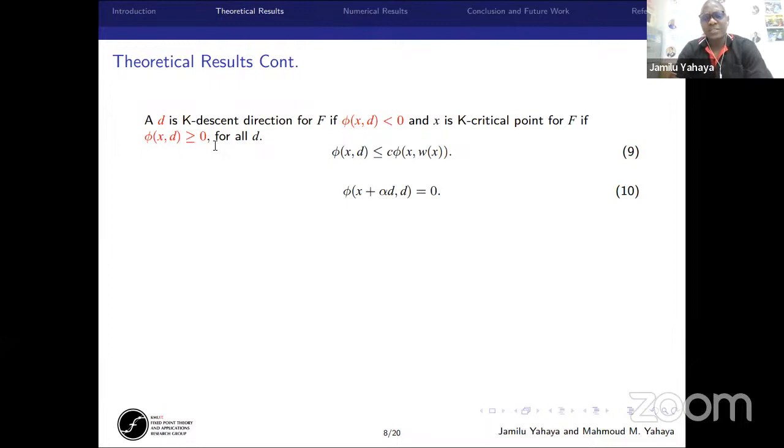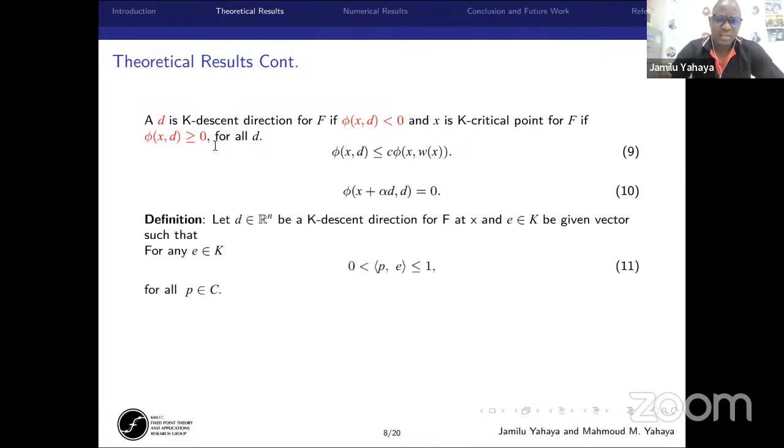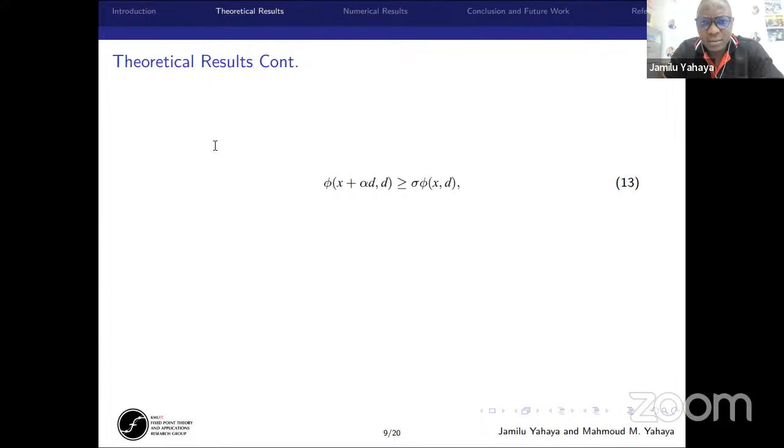Then one other important thing is what we call the line search procedure. There is the line search we call perfect line search or exact line search, which is given by equation 10 in these settings. The other inexact line searches are given by inequality 12, and inequality 13 gives what we call the standard Wolfe condition.